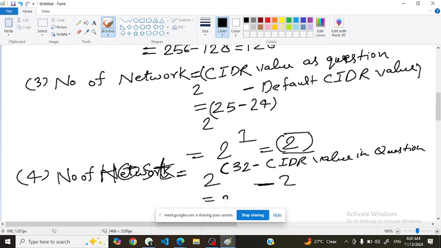So 2 to the power 32 minus what is the CIDR value? 25. Minus 2. So 2 to the power 7 minus 2. It will be 126.